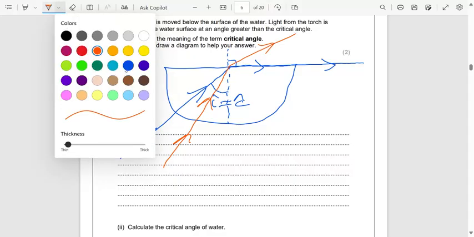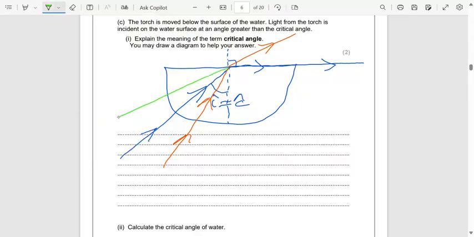But the critical idea that we need to get across, see what I did there, is that as soon as we've got an angle of incidence that's larger than the critical angle, so my green is for the angle of incidence larger than the critical angle, then what we're going to get is total internal reflection. So that means that T is total internal reflection.